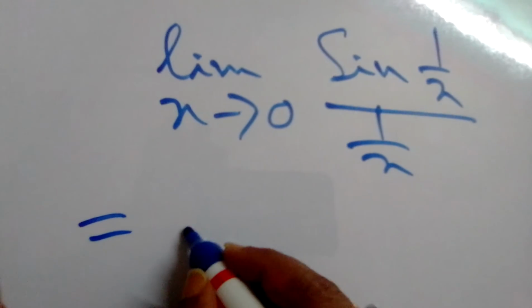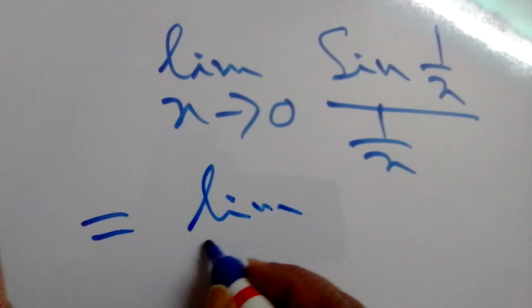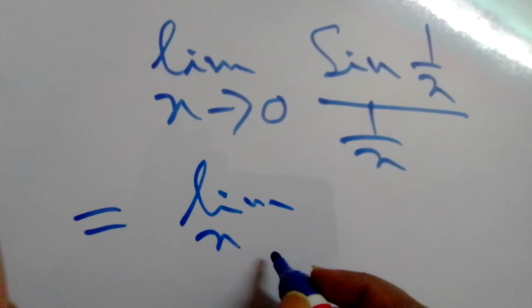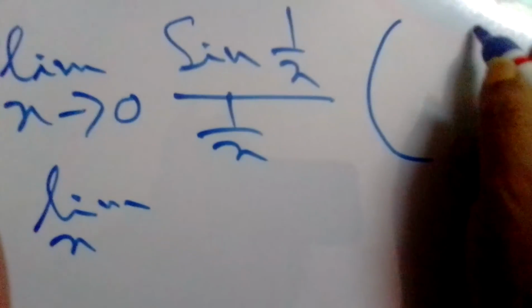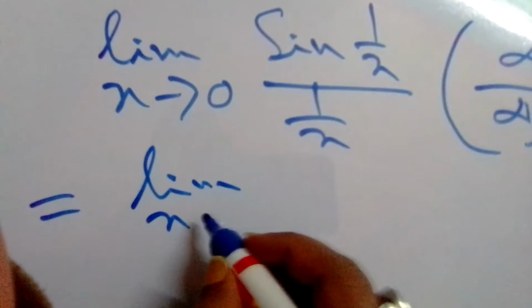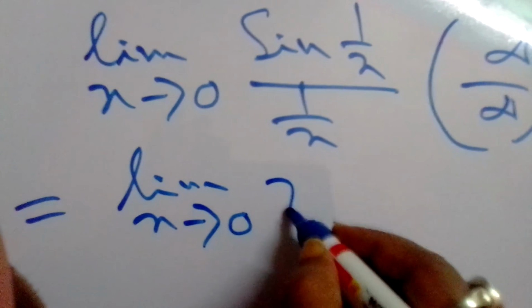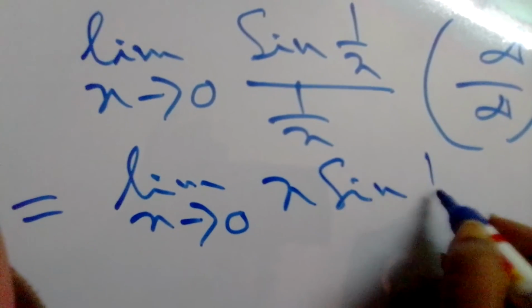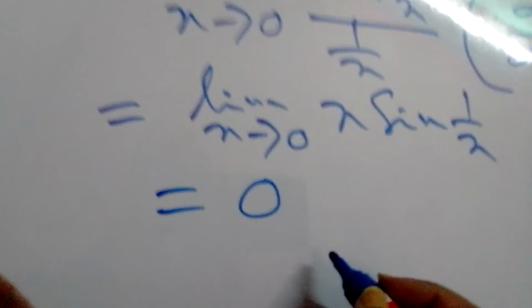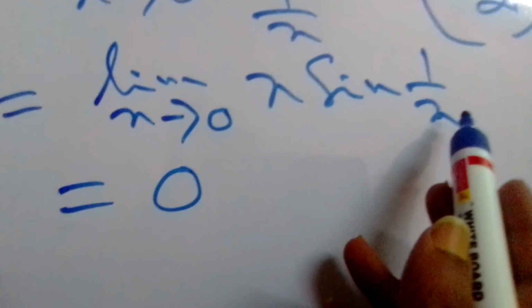Suddenly it will be limit as x tending to 0, and this form will take it like this, infinity by infinity. And now the limit will be limit x tends to 0 of x sin(1 by x), and this goes to 0.